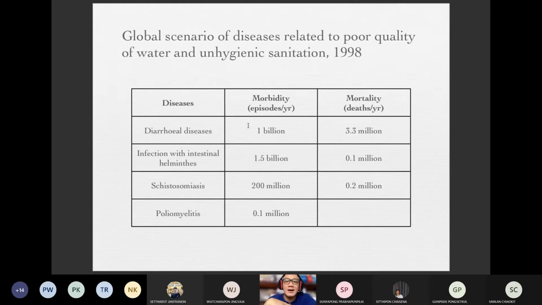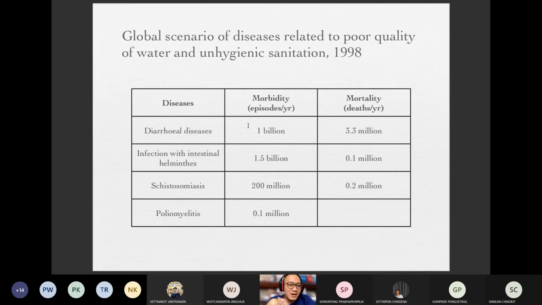Morbidity is the number of episodes per year. Diarrheal disease is as high as 1 billion episodes per year, and it can still cause death. The mortality rate, or number of deaths per year, is still high, 3.3 million deaths per year around the world.